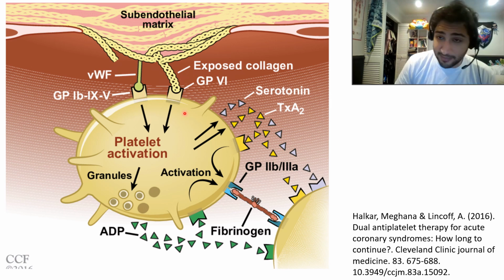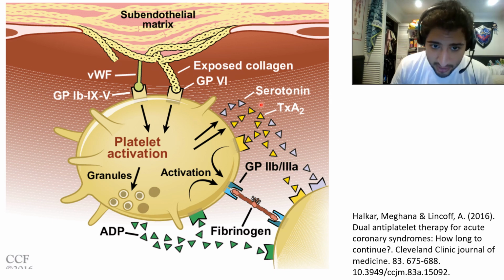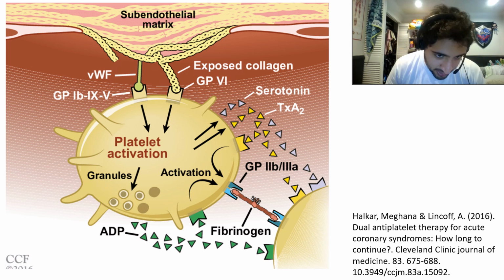The point is, these processes activate platelets, and the platelets will release serotonin and thromboxane A2 and ADP. All right? And this causes a forward feedback loop, and that activates other platelets. So there's a P2Y12 receptor not labeled here. That's what ADP activates, P2Y12.